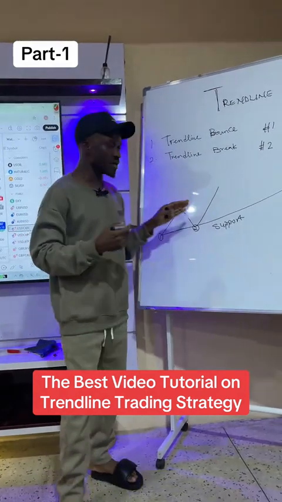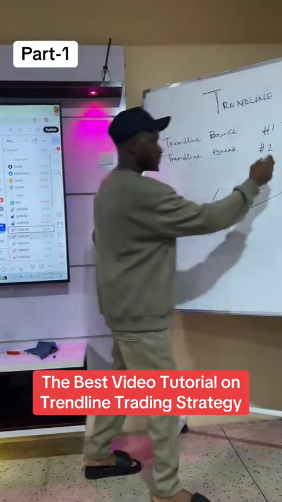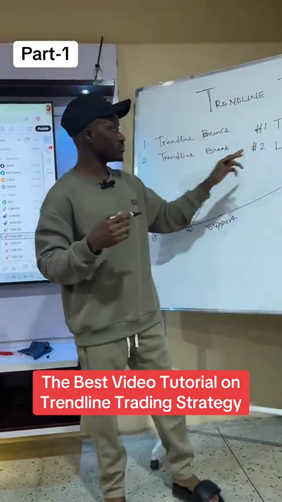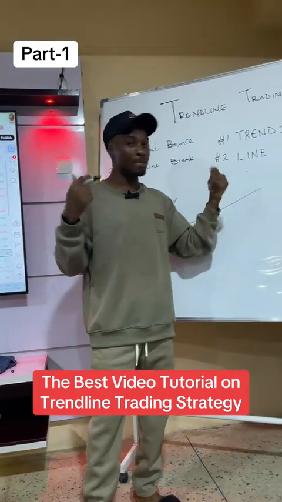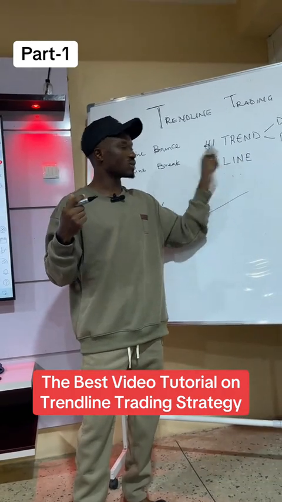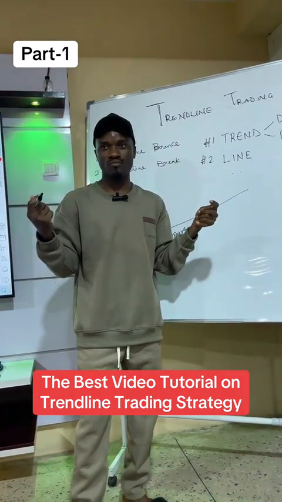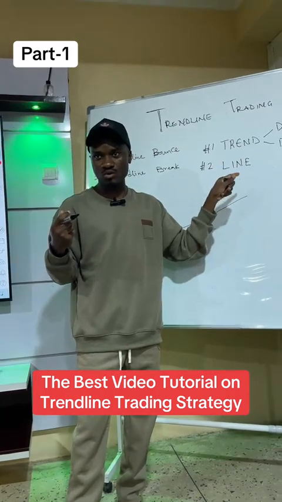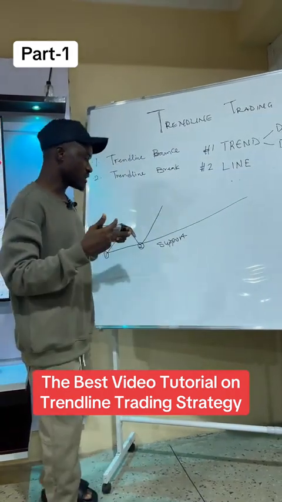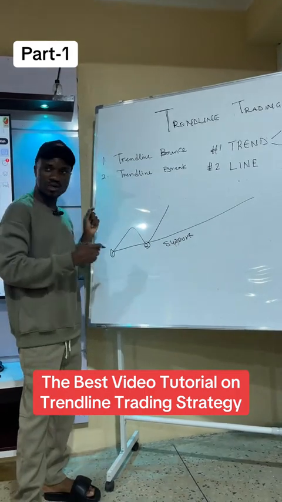Now, when we say line, for most of us who went through mathematics, what is a line? By the time you understand what a line is all about, you know the reason why I don't treat 2 points as a trend line.